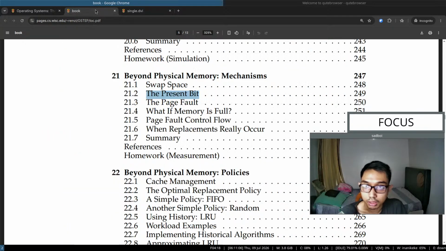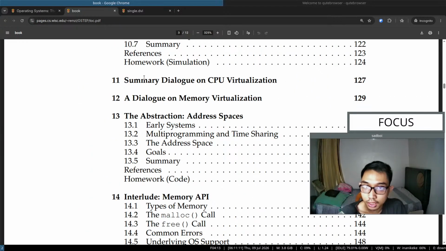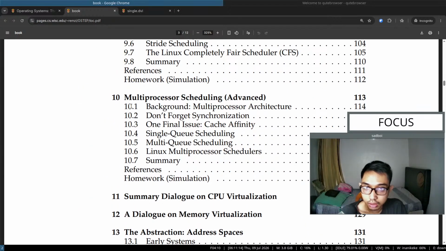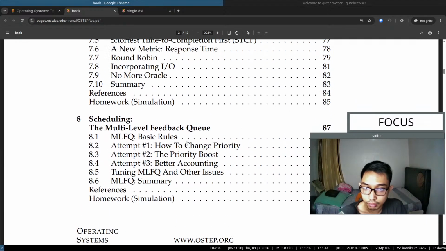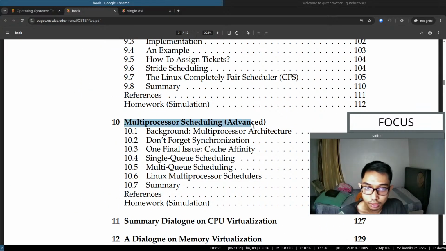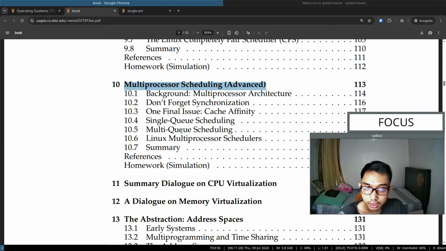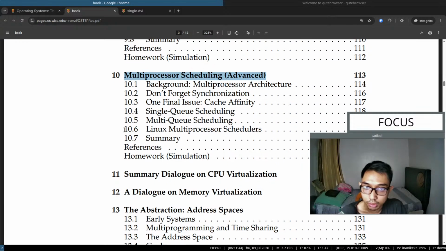Right, it is about the scheduling, I guess, from the previous chapter. Yeah, about this one, something like that. Oh, here we haven't taken a look at this because this is the advanced chapter, and if I remember correctly, we need to learn about concurrency first before reading this chapter.